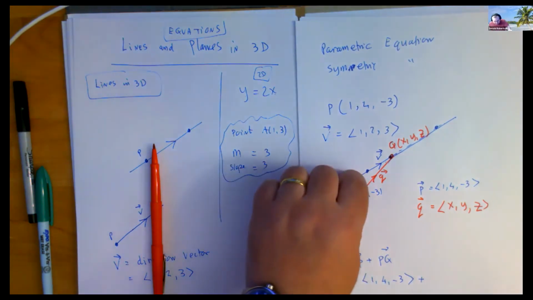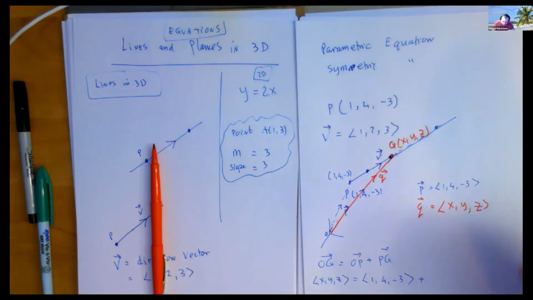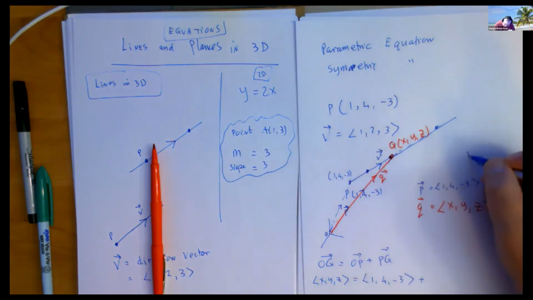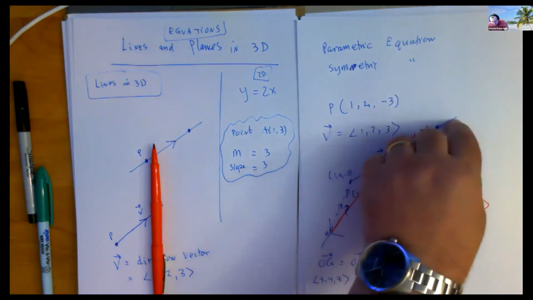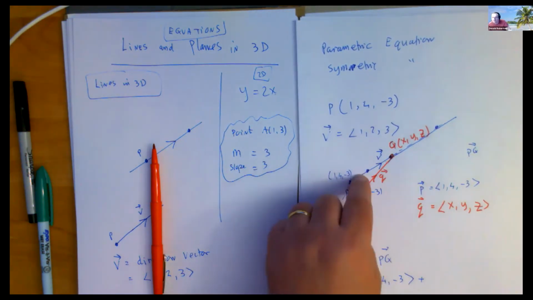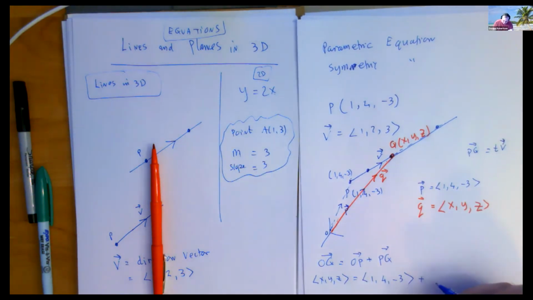And now we just have to figure out how to represent PQ. Well, isn't PQ parallel to V, which means it's a multiple of V. So let's call it TV. So it's going to be T times the vector V.